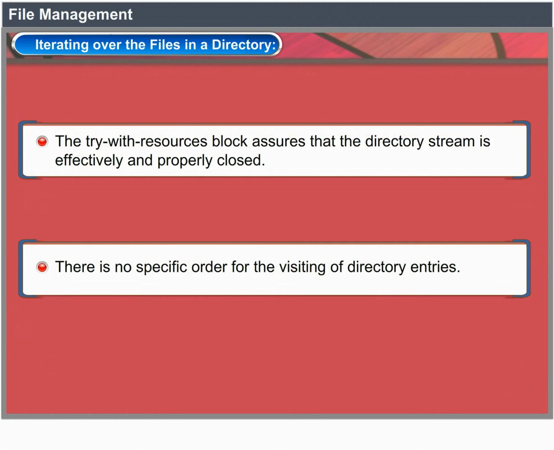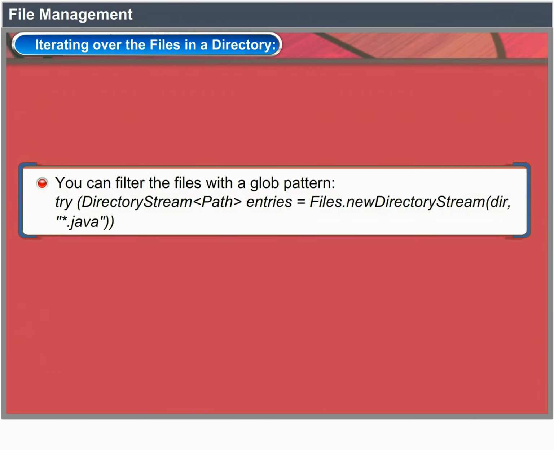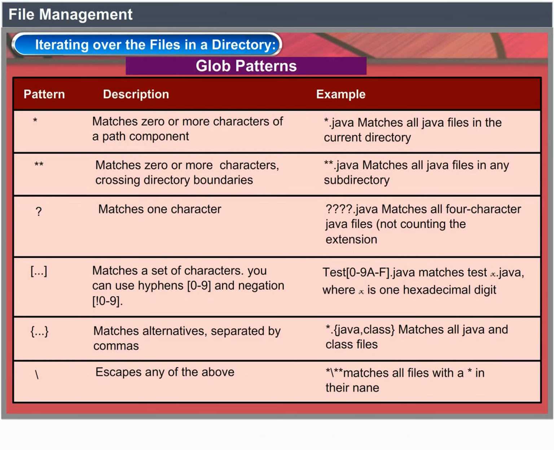There is no specific order for the visiting of directory entries. You can filter the files with a glob pattern. try (DirectoryStream<Path> entries = Files.newDirectoryStream(dir, "*.java"). The glob patterns are shown in this table.